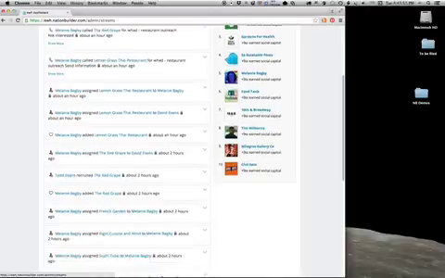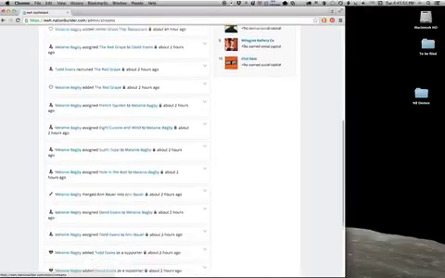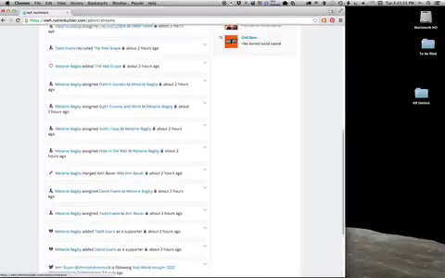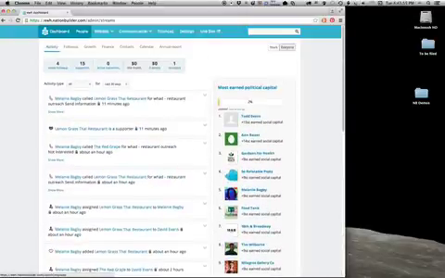But this is a really handy way to get an overview of what has been going on in the most recent activity. And then over here on the right-hand side, it gives an overview of most earned political capital. And that's a combination of how much they've donated to us and how much they've shared about us on social media. So hopefully that's a good overview.